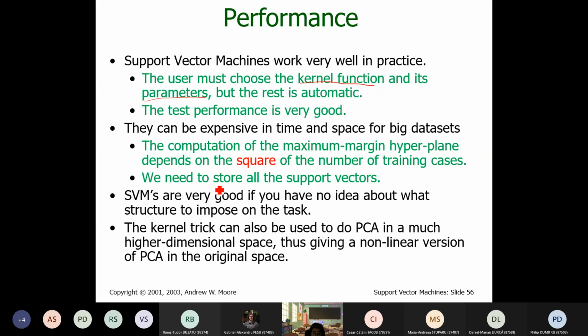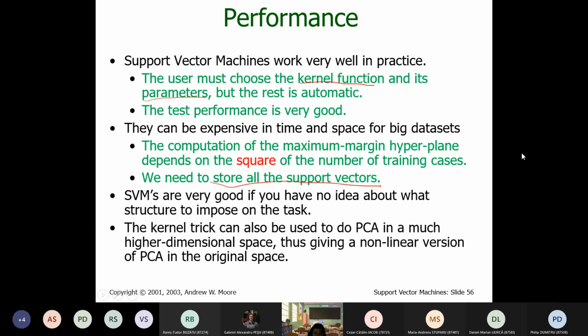Also, it is not very friendly in terms of storing, because we need to store all the support vectors. It is not as bad as having to store the whole dataset, because once you have found the support vectors, it's enough to store these, and the rest of the data may be discarded.